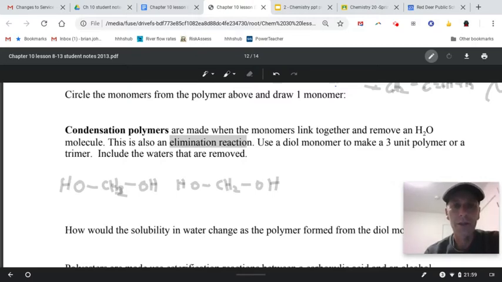How could we link those together to make a polymer from that? So we need to remove a water. So we're going to take a hydroxyl from one and a hydrogen from the other and pull it out. So that will be our H2O.